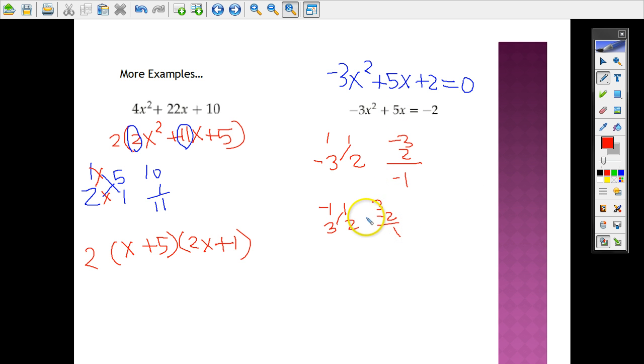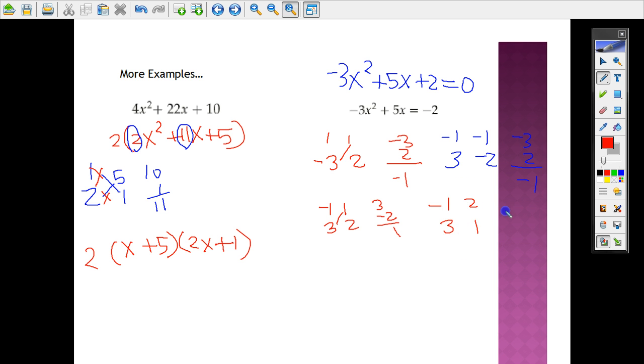Alright, so if I can make this both a negative, let's see if negative 1, 3, negative 1, negative 2. So you have negative 3 and a 2. Makes it a negative 1. Okay, then let's try negative 1, 3, 2, 1.